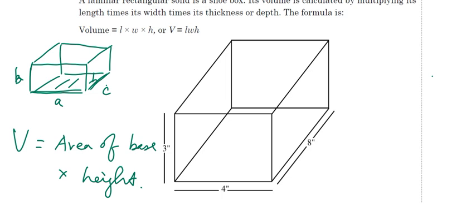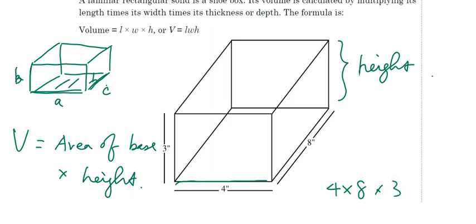So the volume is A times B, which is the base area, multiplied by the height. So the height equals 3.